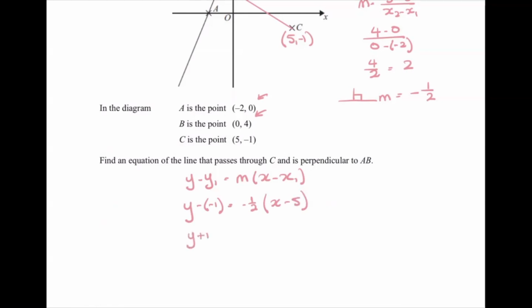Expand all of this out. That will create a positive. Don't miss that. It's easy to do. And then obviously I'm just going to pop that 1. It's going to land as a takeaway 1. And when we work through the maths, we end up with y equals minus a half x plus 3 over 2. And that is our answer.